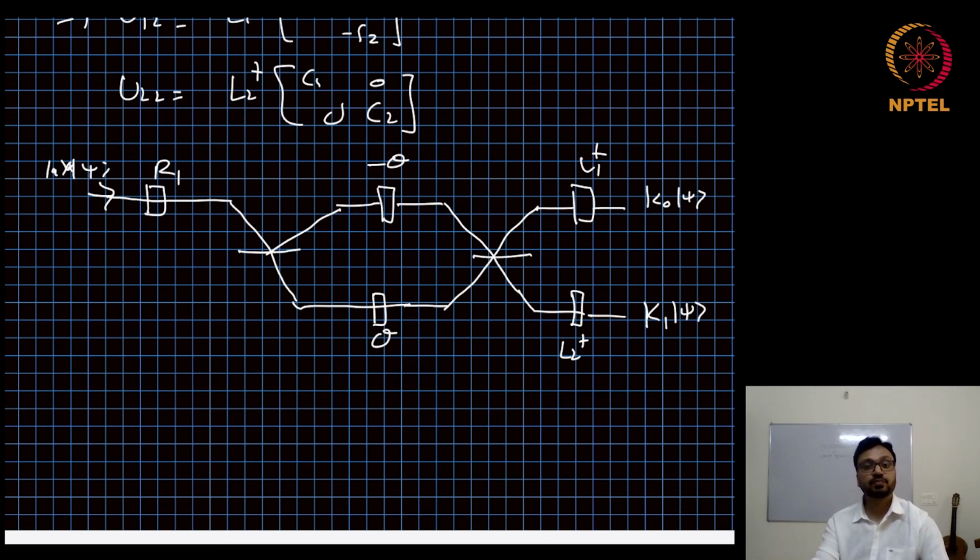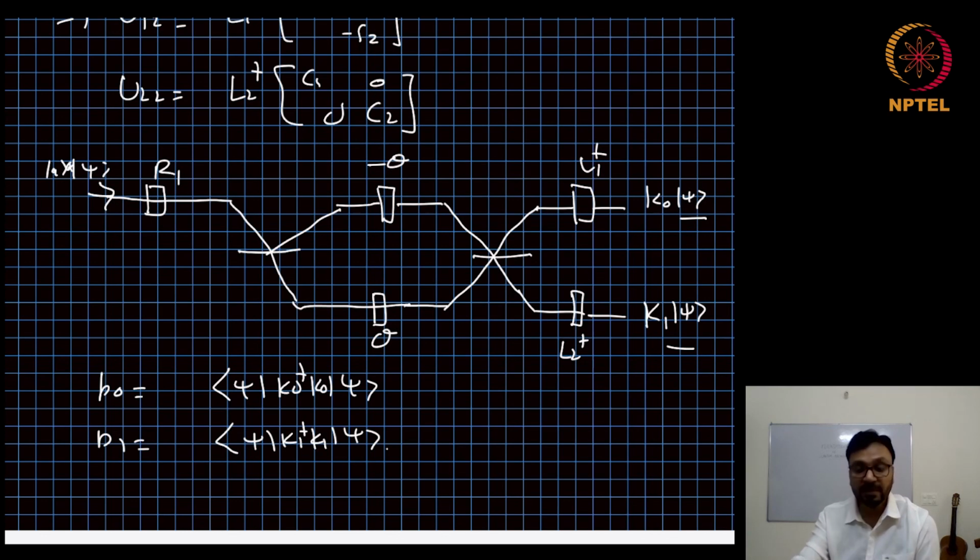So if we just detect the number of photons coming in the upper mode or the lower mode, that will give us the probability P0, which is psi K0 dagger K0 psi, and P1, which is psi K1 dagger K1 psi. In that way, we can implement these two POVM effects when the measurement operators are given to us. We can generalize this scheme to any number of POVM elements in a set. So this is a very general scheme.